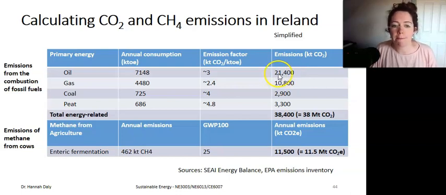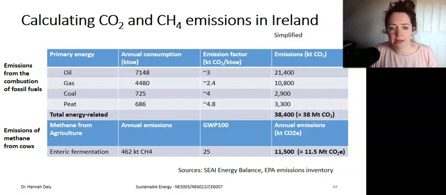So that's about 21 million tons of CO2 from oil, about 10 from gas, about 3 from coal, and about 3 and a bit from peat. Add those all together, that's 38,000 kilotons, which is 38 million tons of CO2 from fossil fuels in Ireland.